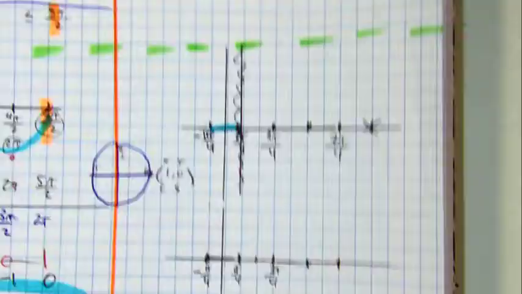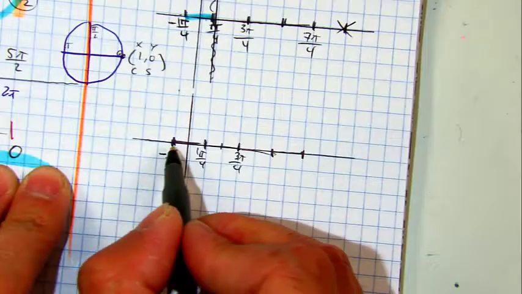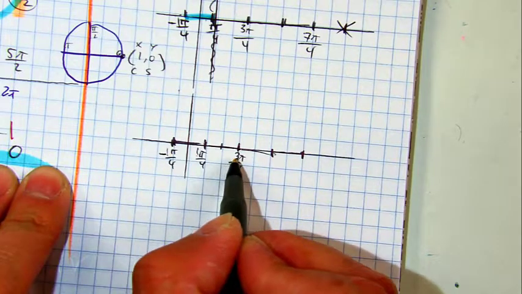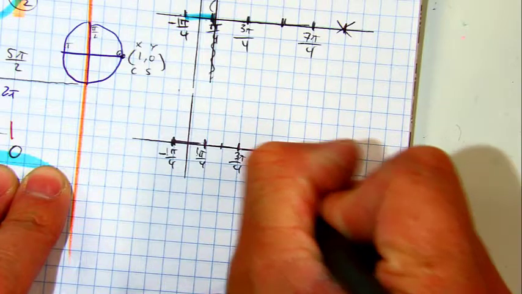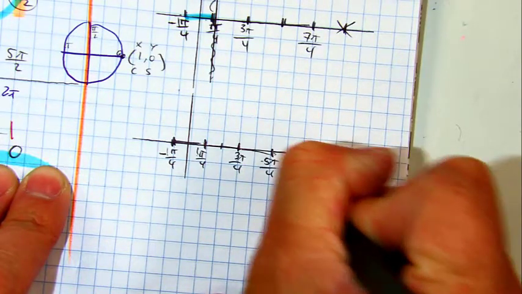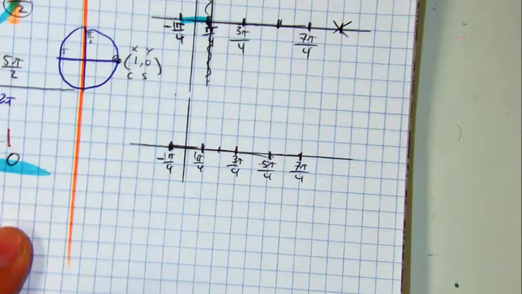Alright. So now I'm counting by what? 2. So what's the next one? 5 pi over 4. And then I have 7 pi over 4. Raise your hand if you got that. Okay.